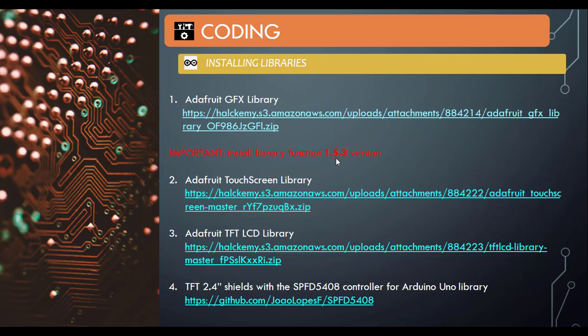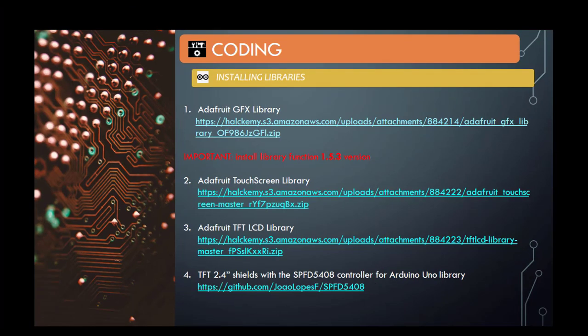Why? If I have to guess, it would be because they modify these libraries every now and then, and also the pin configuration of these LCD controllers changes. Every now and then they come up with a different product, they change things. I don't know why they do it, but I found that it works perfectly fine with this version. By default, it's going to get you the latest version.